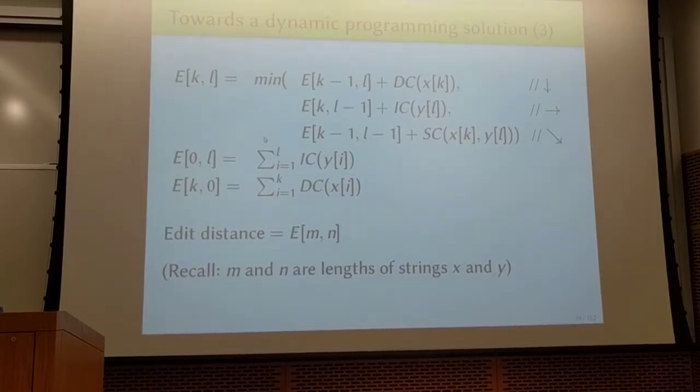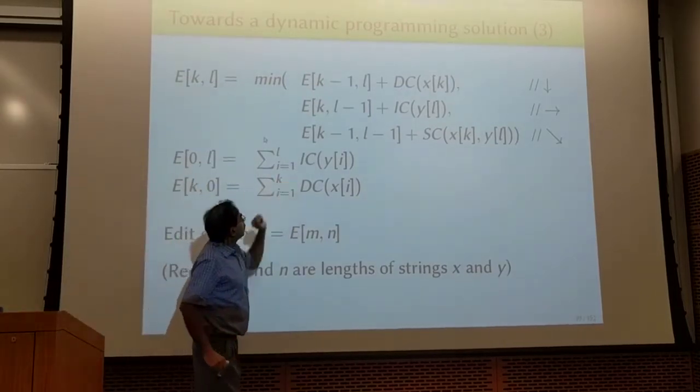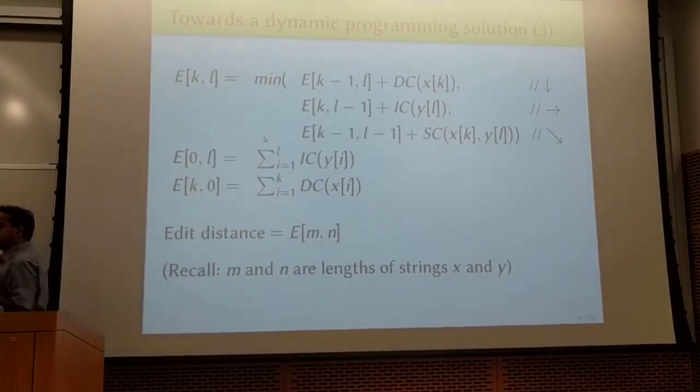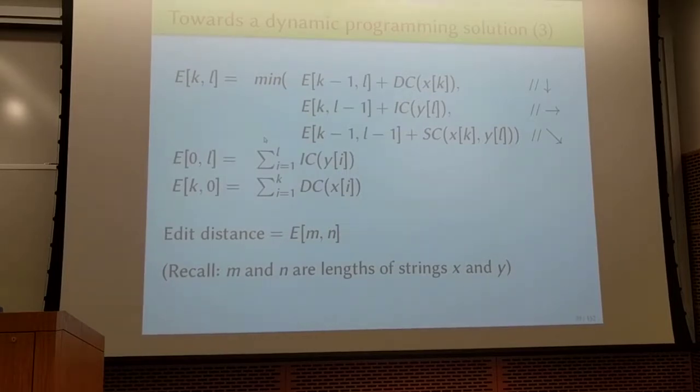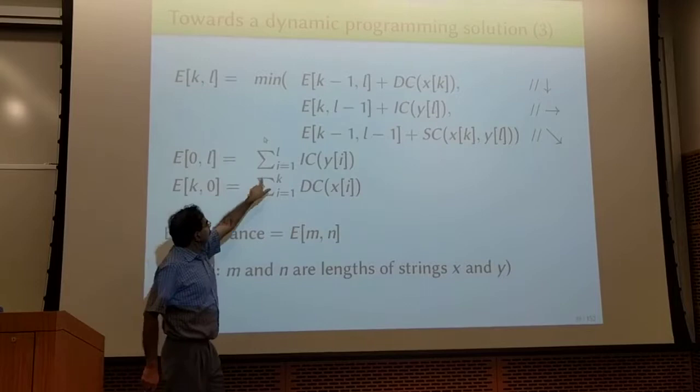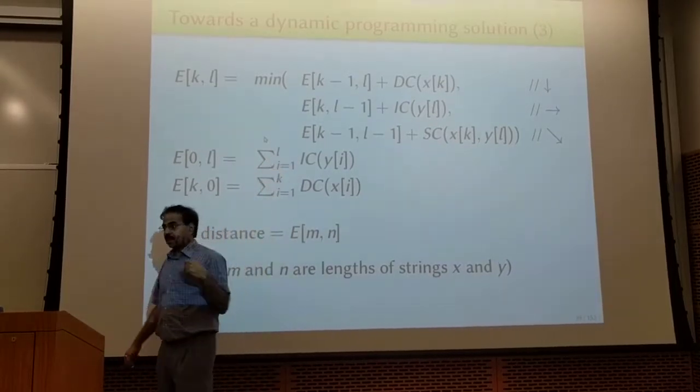Because you're starting with the empty string, the only way to get to y is by inserting all of the characters into this empty string. As a result, E of 0, l is set to be the insertion cost of every character in y, and because you're only going up to the lth character in y, the summation is also only up to the lth character.